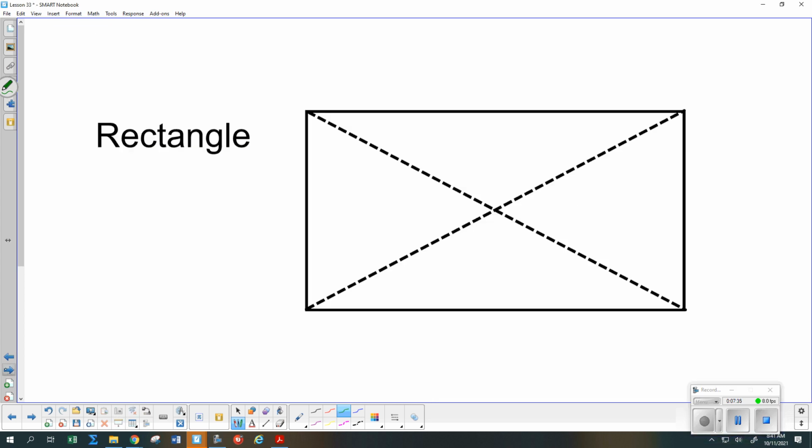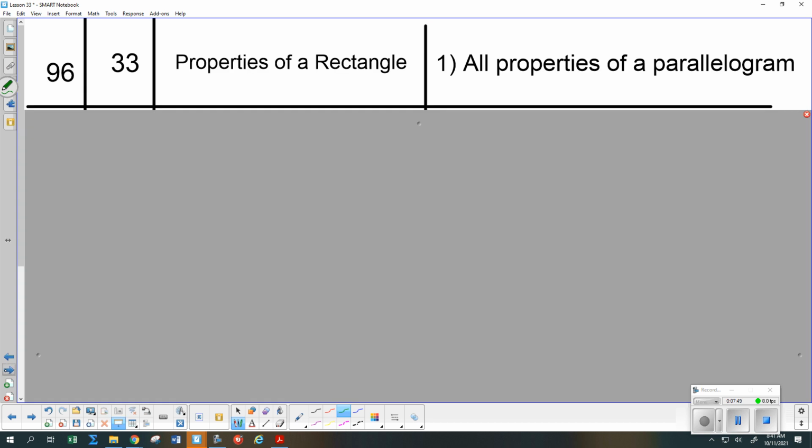Okay, moving on then to our first special kind of parallelogram, which is a rectangle. First off, it is a special parallelogram. So our first property is everything about a parallelogram. The definition, the opposite sides are parallel.